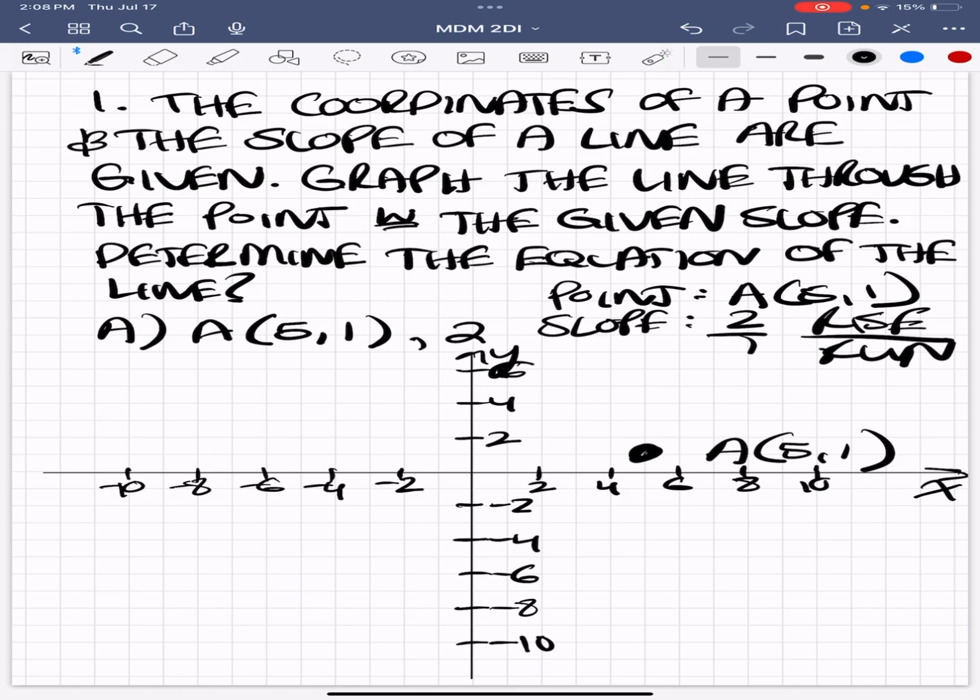And then we use the slope to graph. So we have up 2 over 1, up 2 over 1, down 2 over 1, down 2 over 1, down 2 over 1, and then that is our line right there.